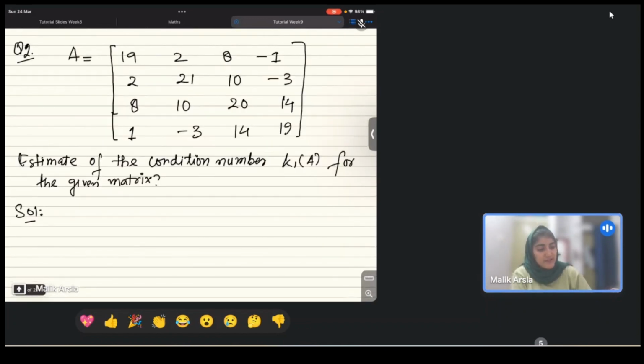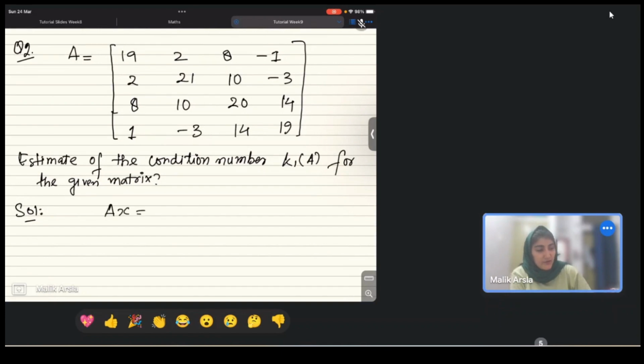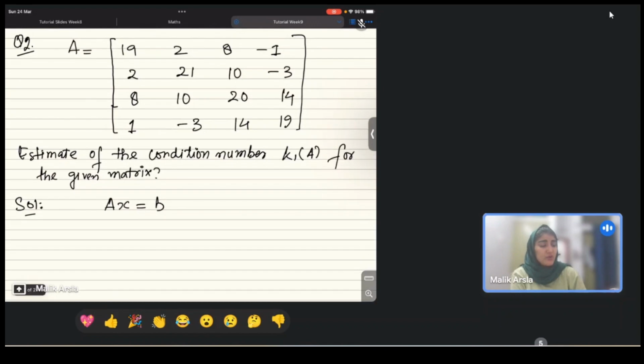We know that for estimating this, we first do what? When we have to estimate the condition number of a matrix, we form a vector B, the guess vector we take, right? And after that we calculate x based on that, and this B has to be a unit vector.